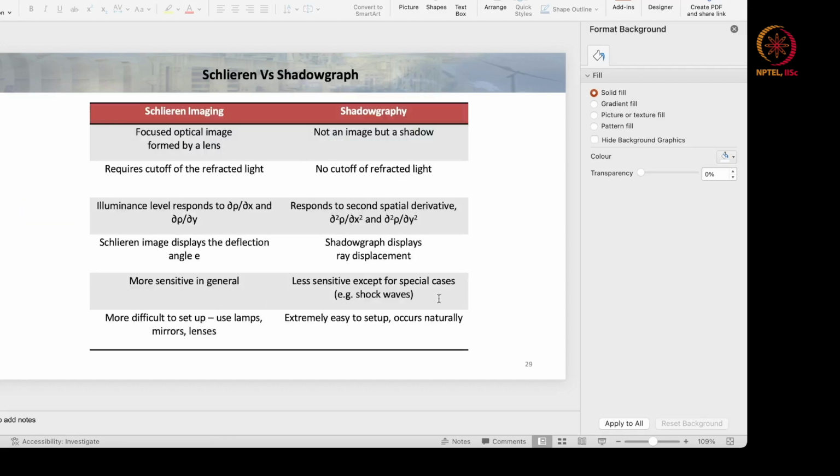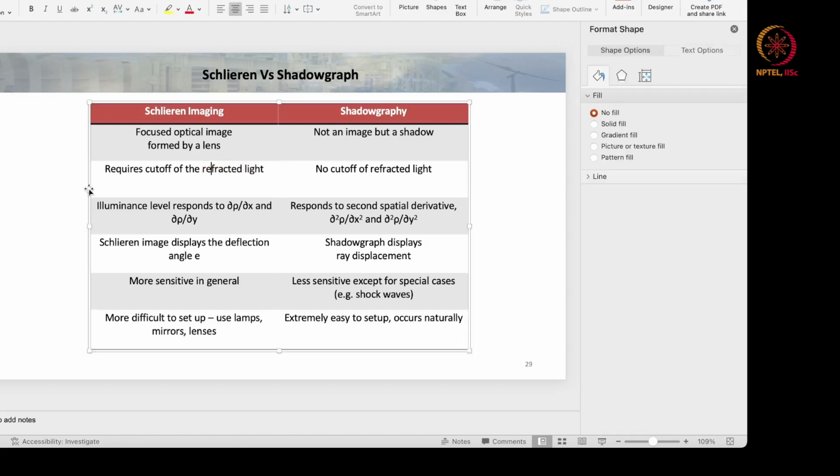So the difference between Schlieren and shadowgraphy, let us read it once again. Schlieren uses a focused image formed by a lens, and shadowgraphy is not an image but a shadow. In some cases for shadowgraphy you don't even need any optics, it's a screen. Schlieren requires the cutoff of the refracted light by using the knife edge.